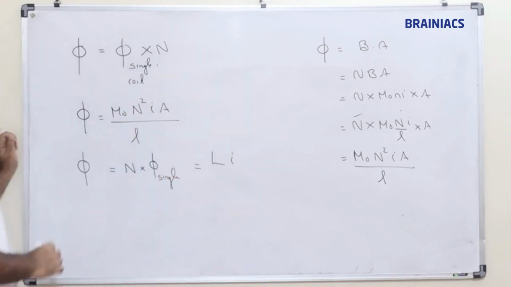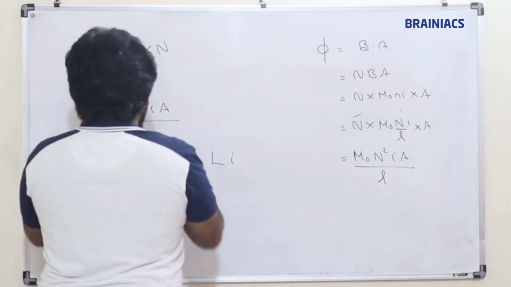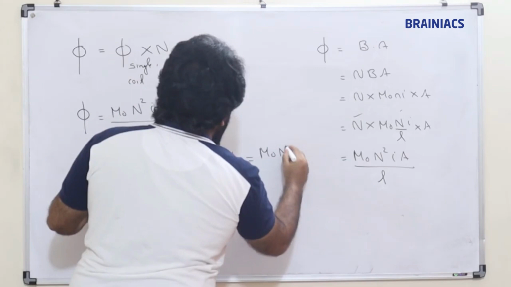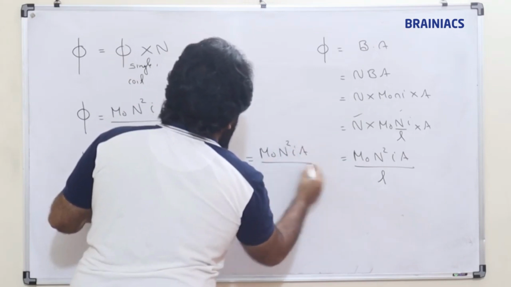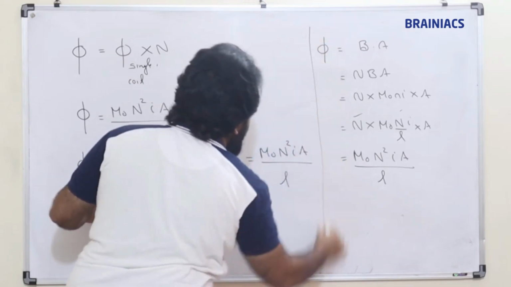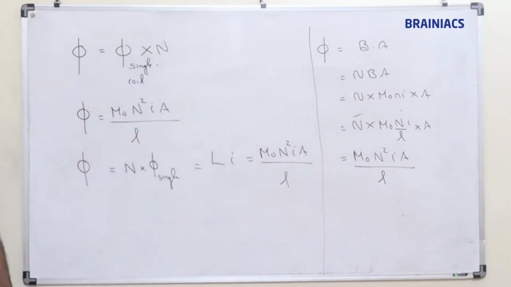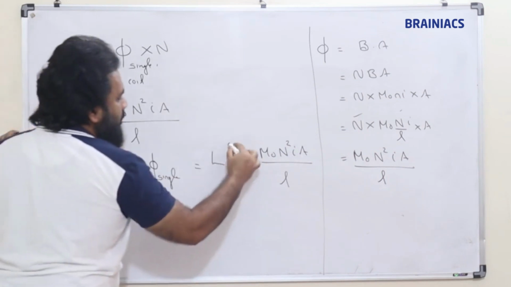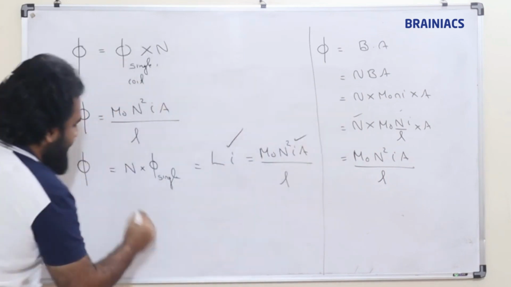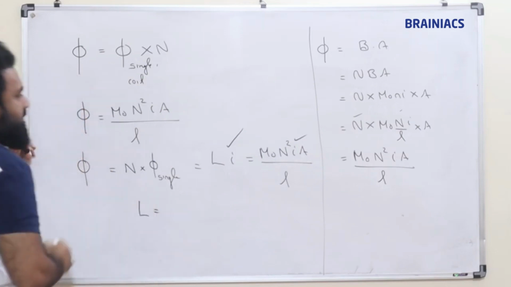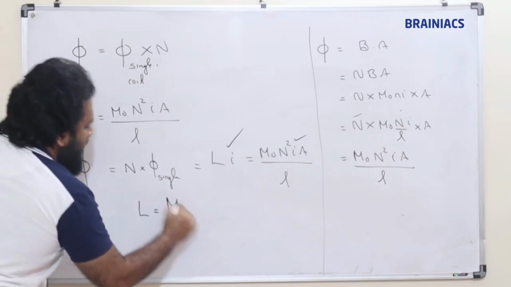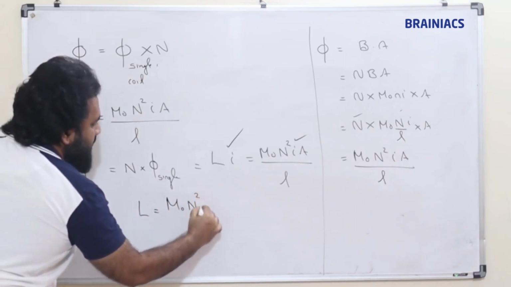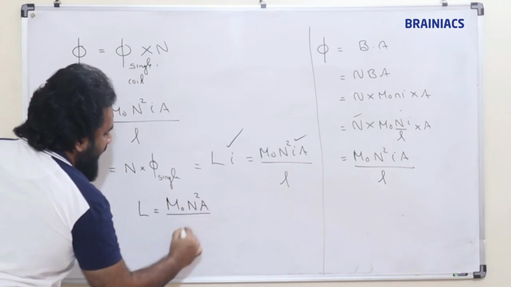Now this formula we can put here: mu 0 N square i A divided by l. Comparing these two, the i cancels, and I can say that self inductance L is equal to mu 0 N square A divided by l.